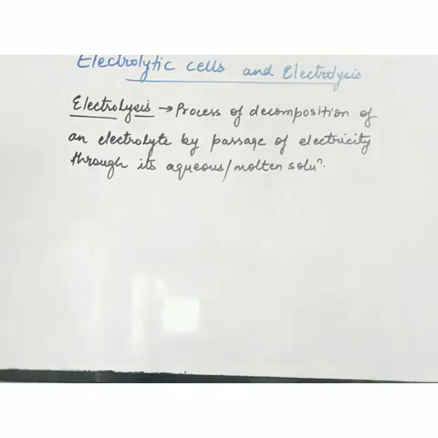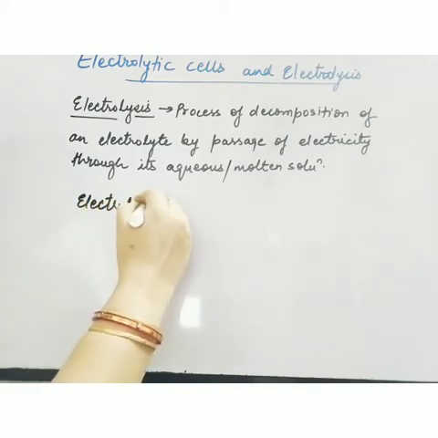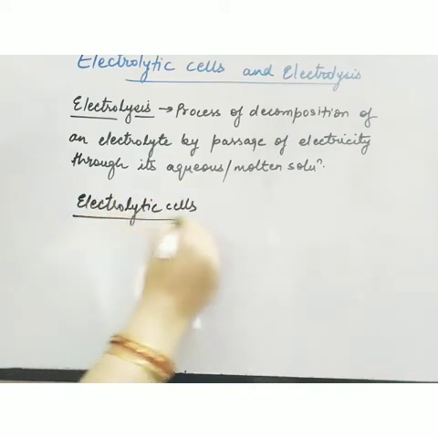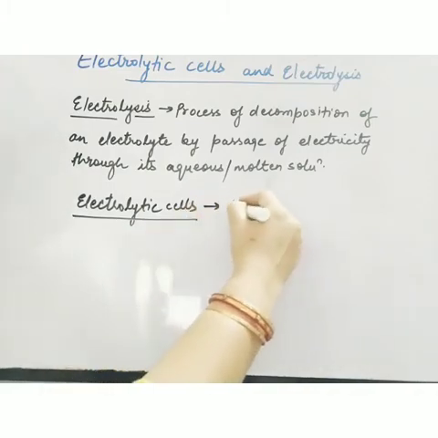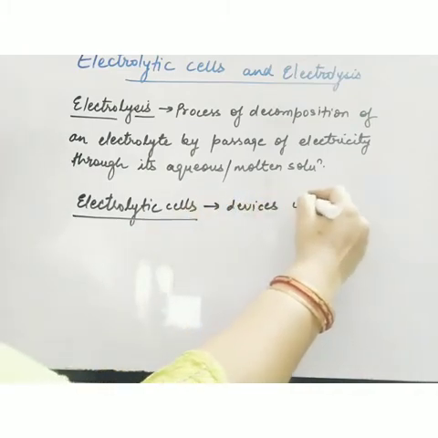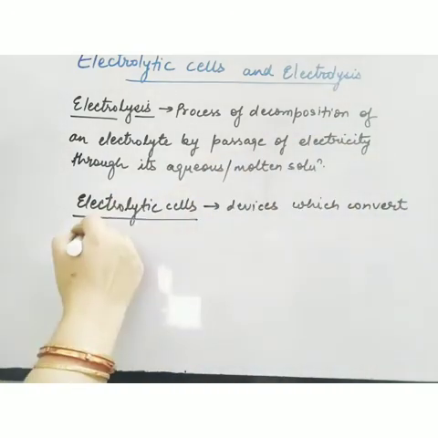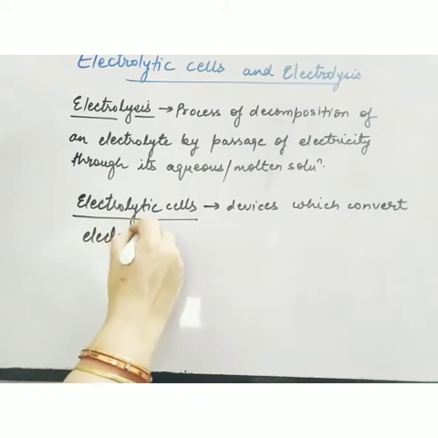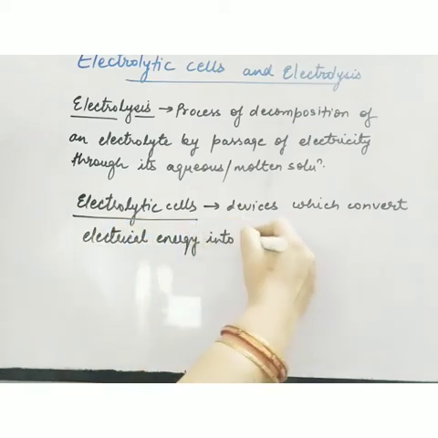Now for doing electrolysis we use cells, and these cells are known as electrolytic cells. So what are electrolytic cells? These are the devices which convert electrical energy into chemical energy.